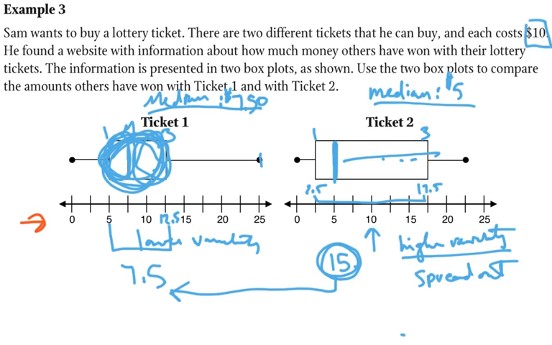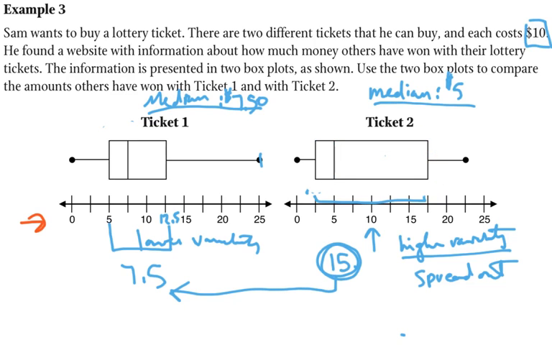The fact that it costs $10, right? $10 would put us right here, okay, and right here. So that's like, if you think about it from the median, this is half of our data, right?